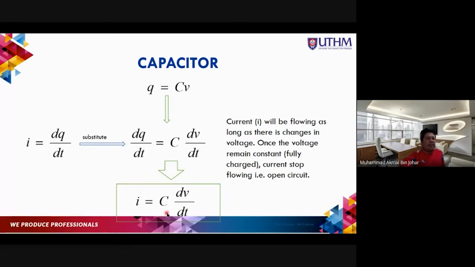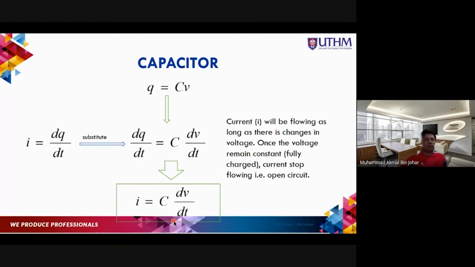So I is equal to C dV over dt. So kita tak perlu tahu pun nilai Q, apakah charge yang terkandung, berapa banyak charge terkandung. Kita hanya boleh gunakan I is equal to C, capacitance, times dV over dt. Perubahan voltan terhadap masa.